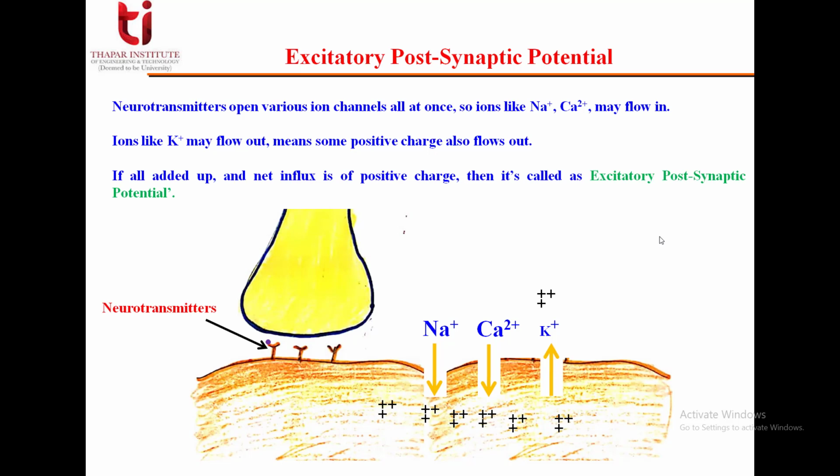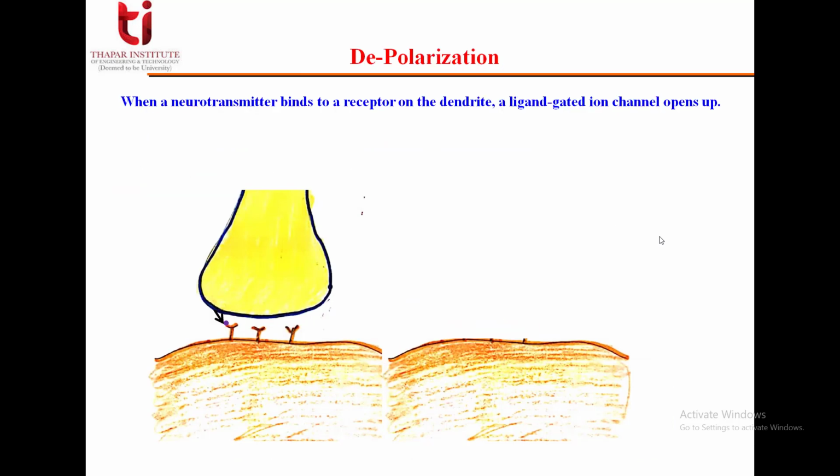Now, if all are added up and the net influx is of positive charge, then we call it the excitatory post-synaptic potential.